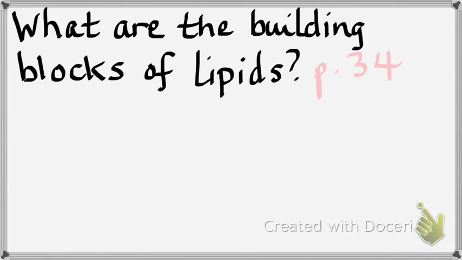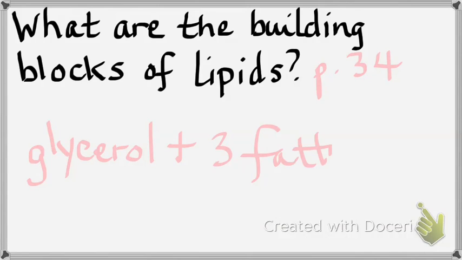How do you build a lipid? What do you mean, like the fats and oils? At the bottom of page 34, formation of a fat. What are the blocks you put together to make a lipid? Glycerol. Thank you, Kaylin. You found it now. And what else? Three fatty acids. That's very good.